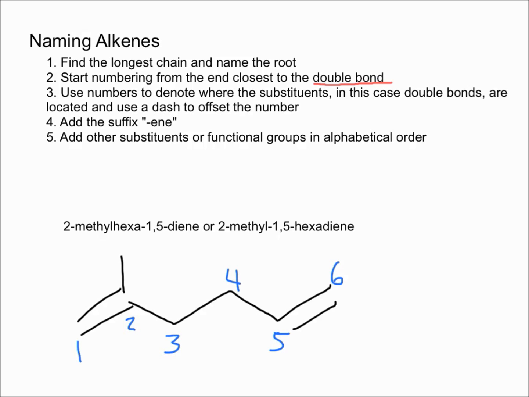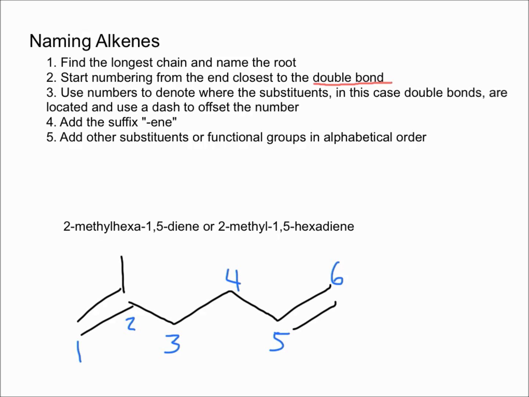And so the 2-methyl represents the methyl group on the second carbon. Hexa represents the number of carbons in the longest chain. And the 1,5-diene represents the 2 double bonds and where they start.